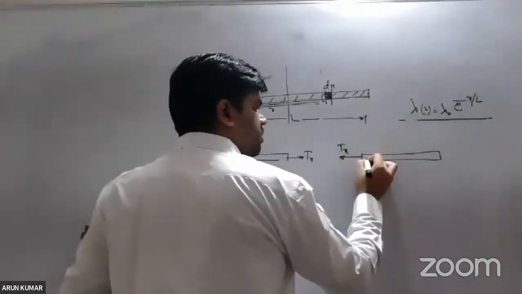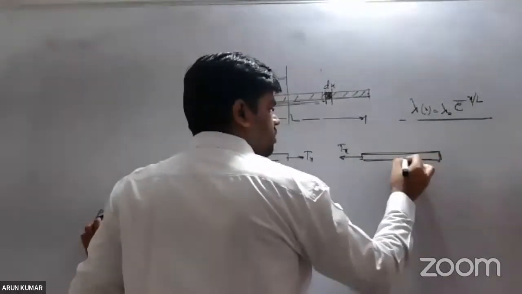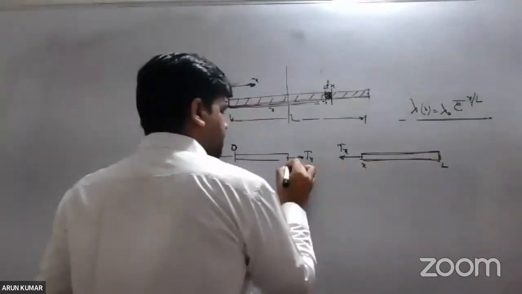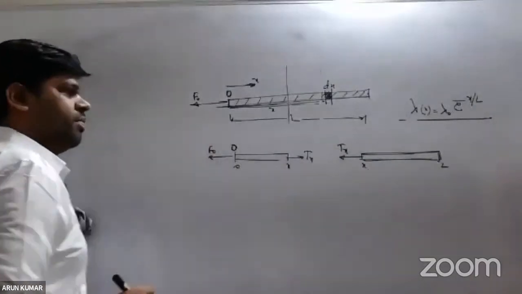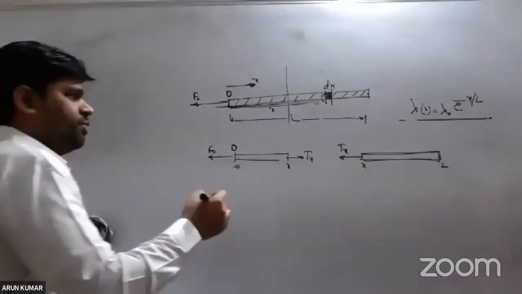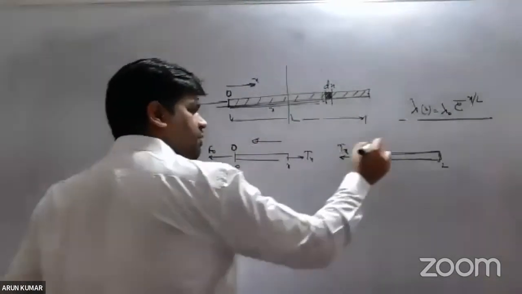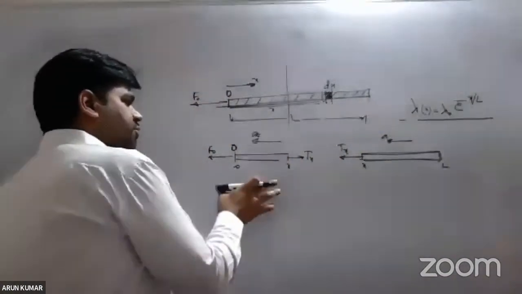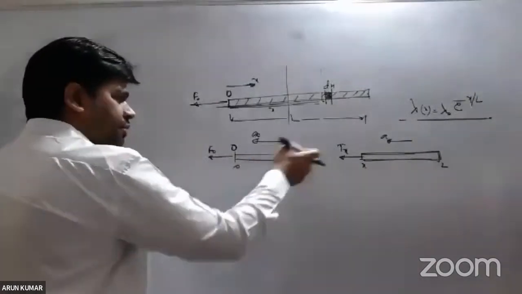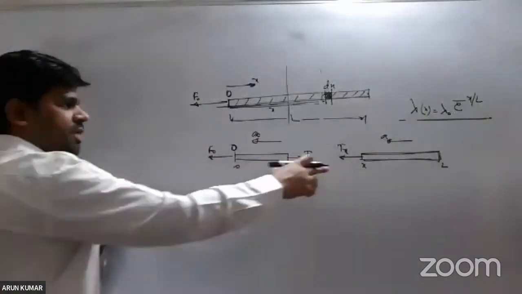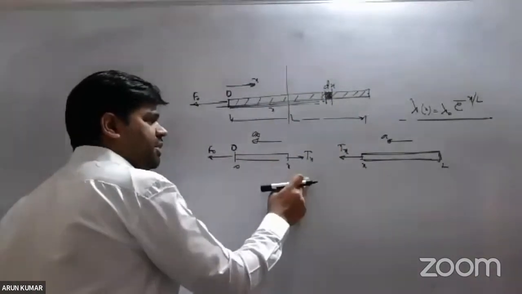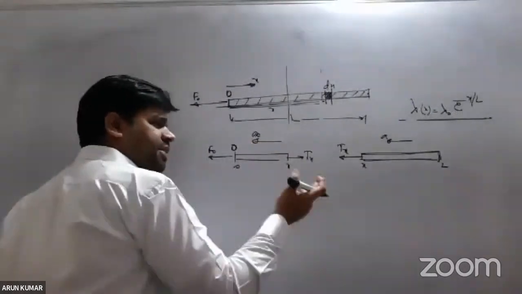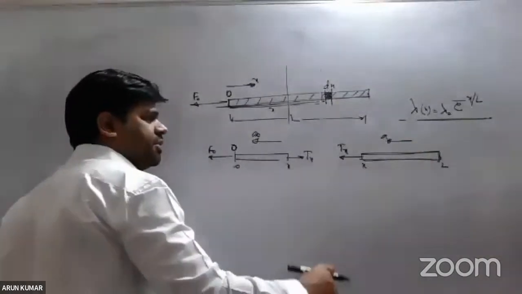Tx, this is L, this is x, this is 0. Now acceleration will be towards left, the same acceleration as we got before. So I can either use this one or this one. I'll use this one because there is no F0 over there. It's easier to handle because I will not have to write F0 minus Tx is equal to mass into acceleration, whereas I can directly write Tx is equal to mass into acceleration.